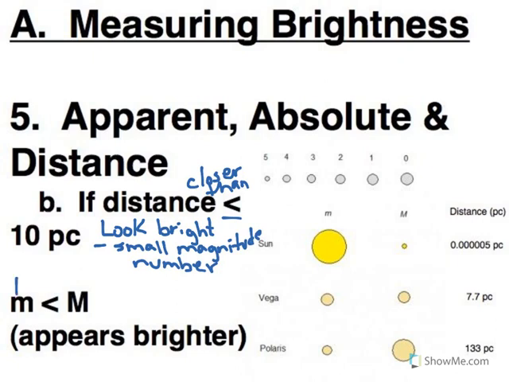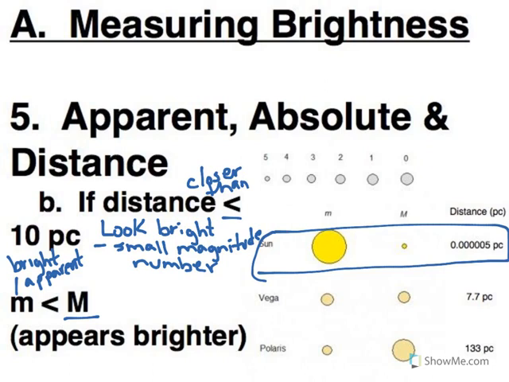So the apparent is going to be bright, so that's going to be a small number compared to the absolute. Our sun is an example of that, much, much closer than 10 parsecs, 0.000005 parsecs. And here we see our apparent magnitude, very bright, absolute magnitude, very faint. So our sun is a primary example of appearing much, much brighter than the absolute.